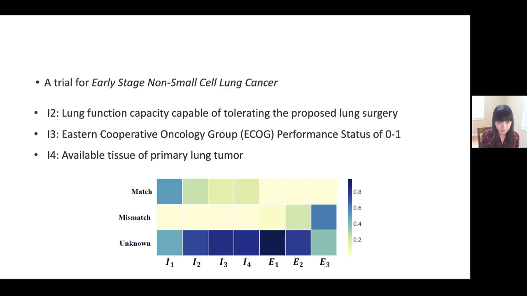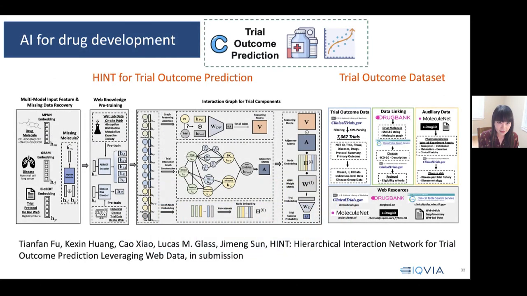Okay, so here ends our second task. And for the third task, this is a new direction we are exploring. We have a paper called HINT, Hierarchical Interaction Network for Trial Outcome Prediction, leveraging web data. This is in submission.